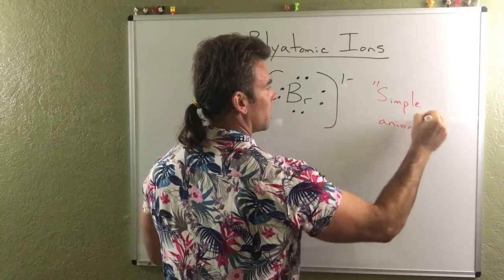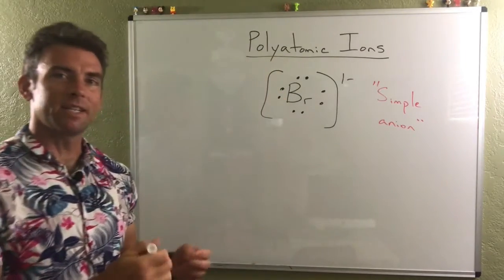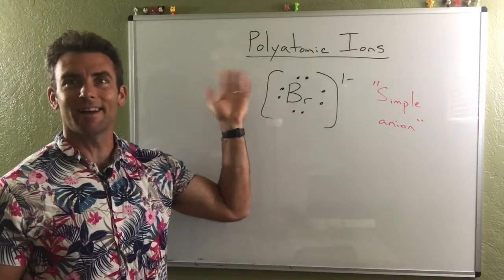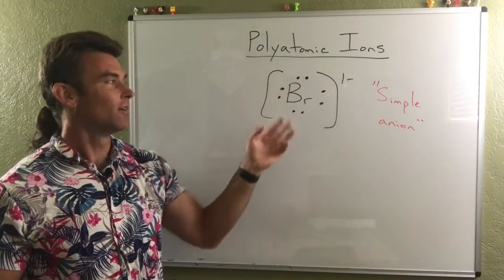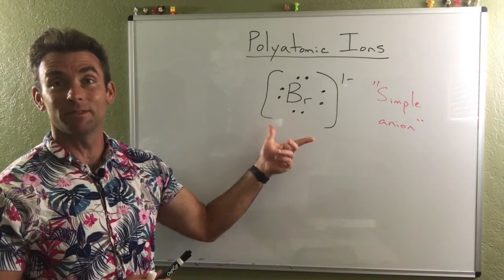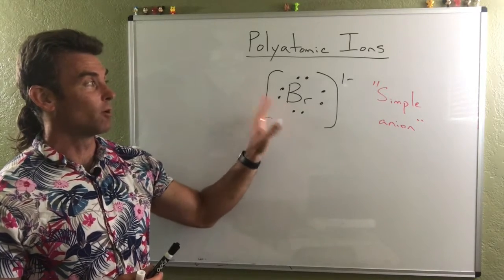Sometimes you'll see the word simple attached to things that are not complex or not polyatomic, right? There may be a bazillion bromines in our ionic formula for something, but the fact is that bromine is the thing that is charged.